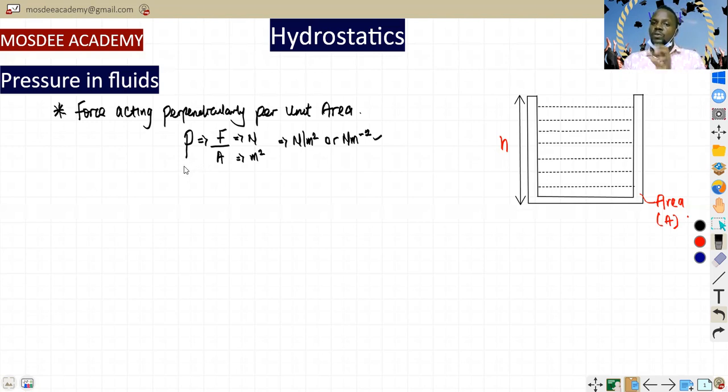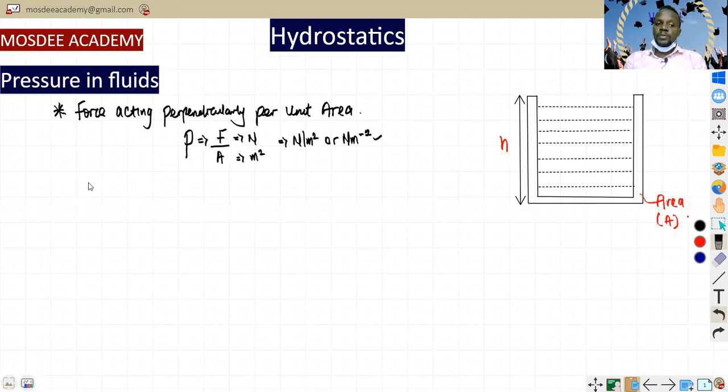But now we want to consider pressure that acts in fluids, and that is why we call it hydrostatic, or static fluid, or static pressure. Looking at what we have here, we have a bucket or a beaker, if you like, that is filled to the brim and has a height of h and an area of A. I want to talk about liquid pressure or fluid pressure generally.